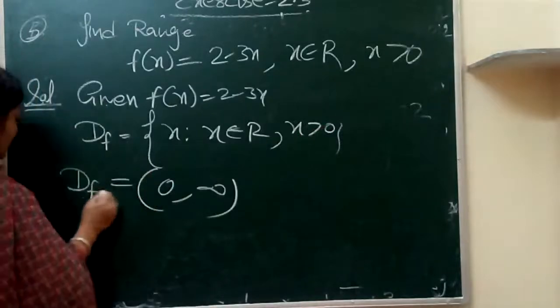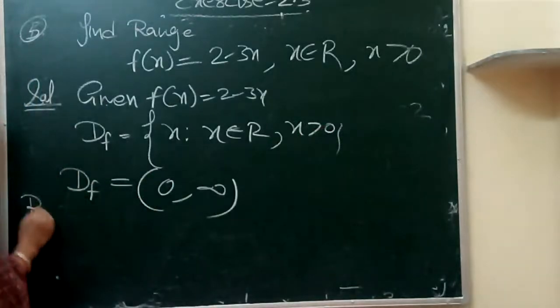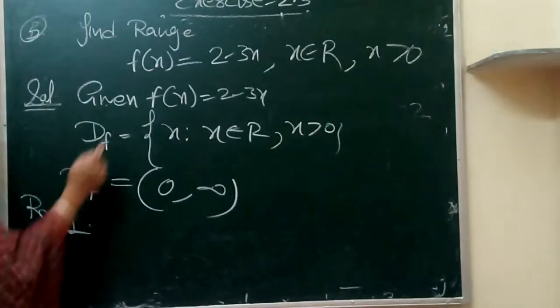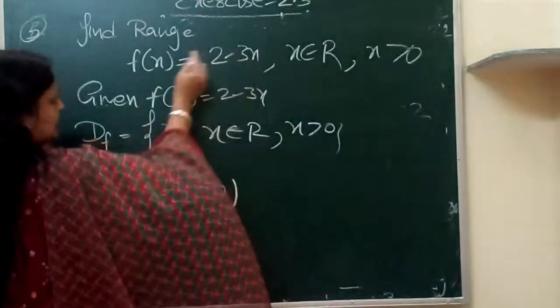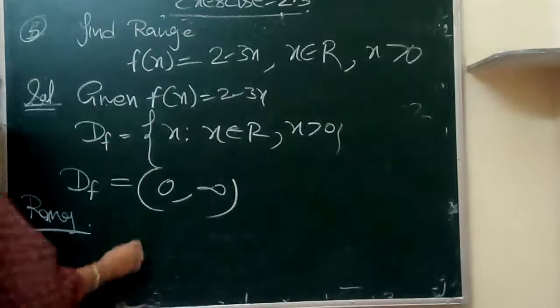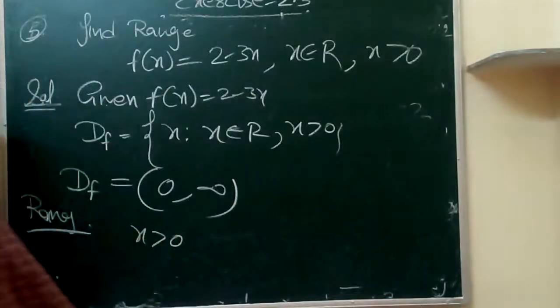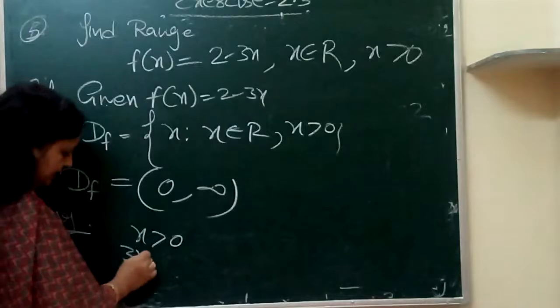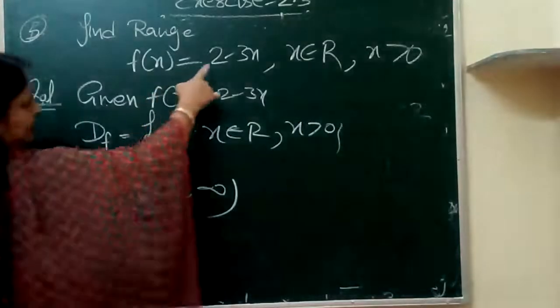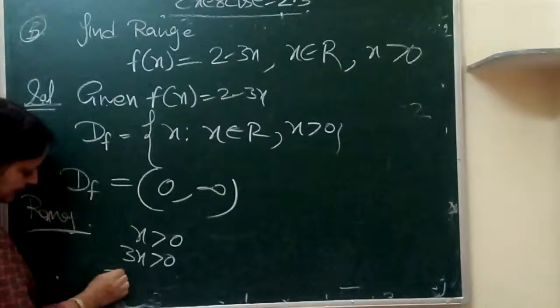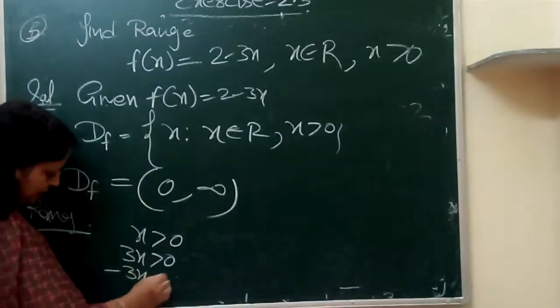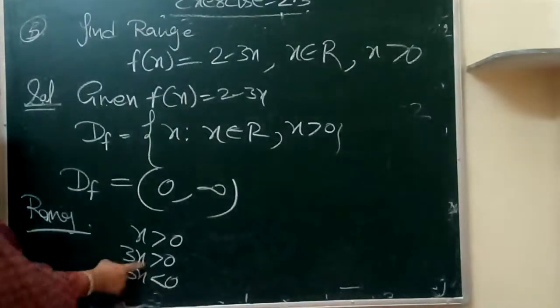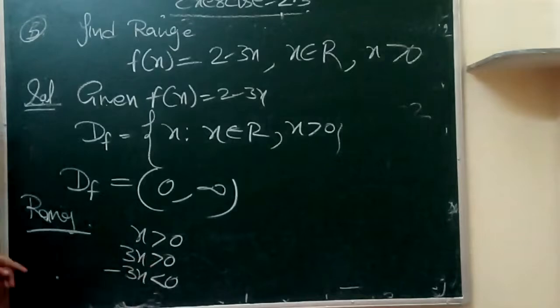Now let us solve for range. What is given here? 2 minus 3x, because f of x is equal to y. So x is greater than 0, and after multiplying both sides with 3, it will come 3x greater than 0. After multiplying both sides with minus, it will come minus 3x less than 0, because you know that the inequality sign changes when you multiply both sides by a minus term.